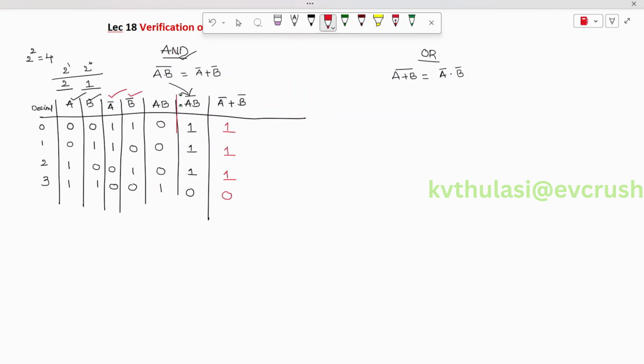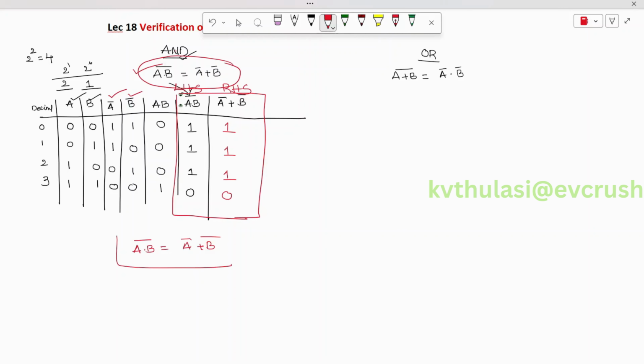You can cross check the values. The left hand side values are equal to the right hand side values. This is the verification of De Morgan's law, which is A into B whole bar is equal to A bar plus B bar.